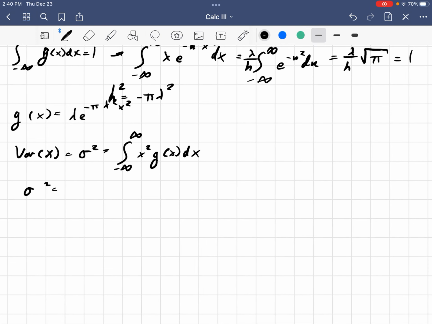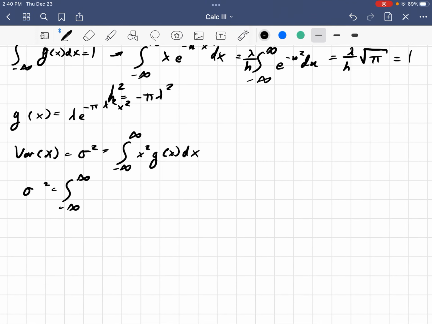So we get that sigma squared is the integral from negative infinity to infinity of lambda, which I'll put out front, times x times x e to the negative pi lambda squared x squared dx. So I split up the x's and pulled the lambda out front. Now what I can do is integration by parts. Whenever you have a polynomial times some other function, you want to differentiate the polynomial and integrate the other part.